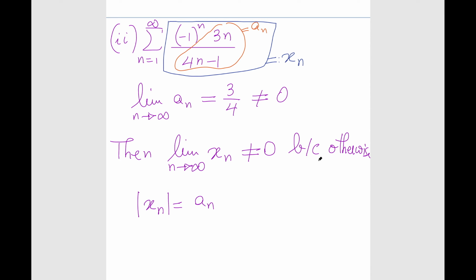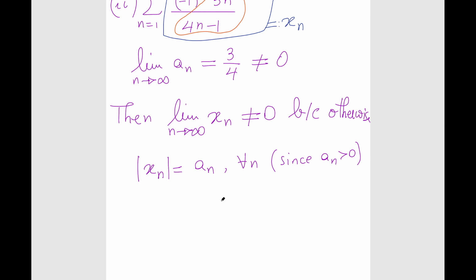So otherwise, the absolute value of xn is an for all n, since an is positive, as we said. And we said otherwise, which means if this fails, which means if this is 0, then we have this, and hence what can be said about this one?